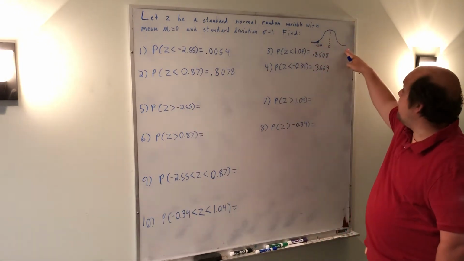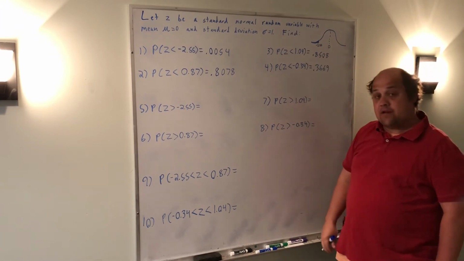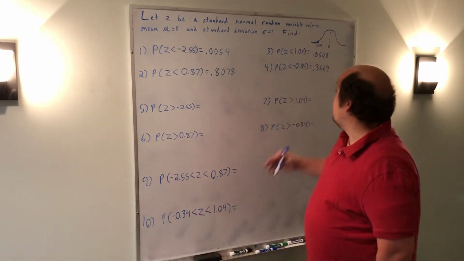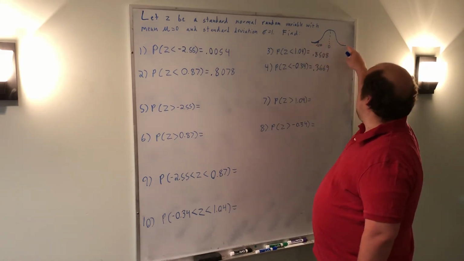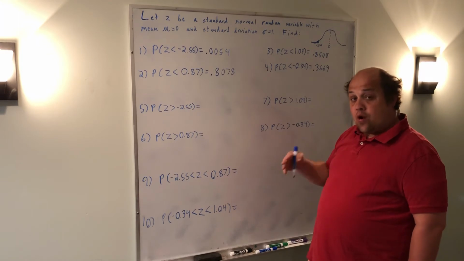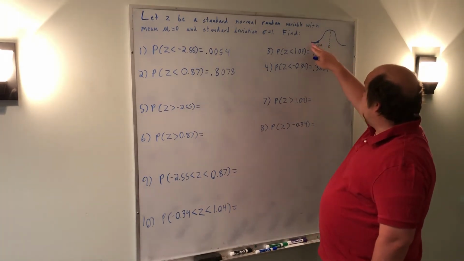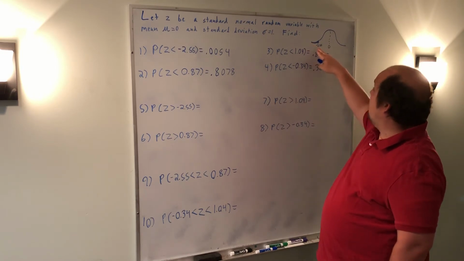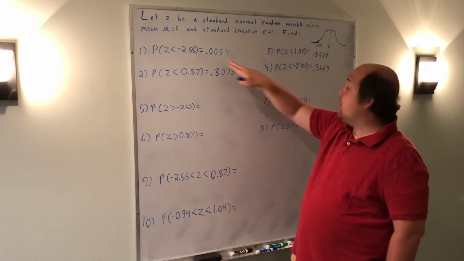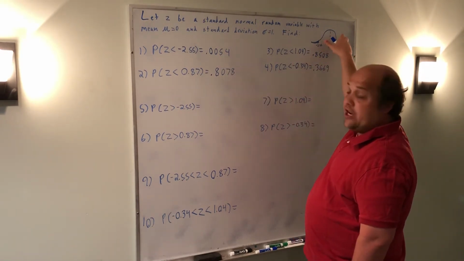The entire area under the curve represents all the probabilities of everything that can happen. We know that probabilities are strictly bounded by 0 and 1, so when I say all the probabilities, everything under the curve represents 100% of the probabilities, or as a decimal, 1. Since we found the shaded area to the left of negative 2.55 to be 0.0054, if we want to find the area to the right of it, that's really all this unshaded area.